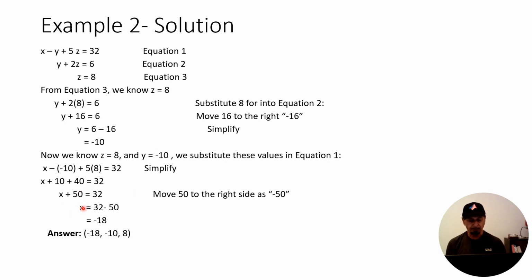Now 50 plus 40 is 90, so we have x plus 90 equals 32. Now we move the 90 to the right side, and we have x equal to 32 minus 90, which is minus 58. So now we put all the answers together: x is minus 58, y is negative 10, and z is 8, and that's the solution to the system.